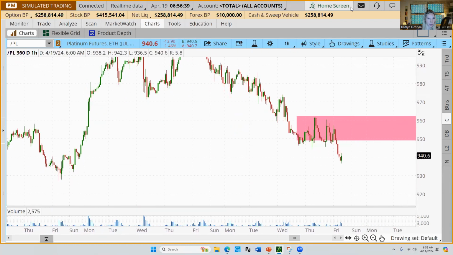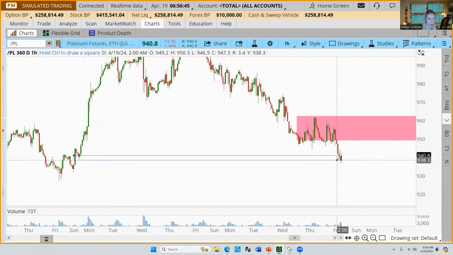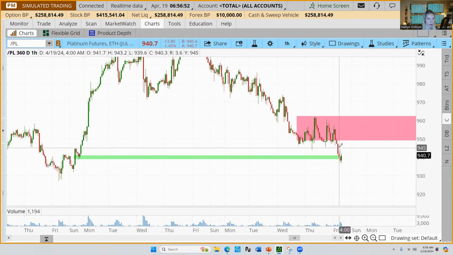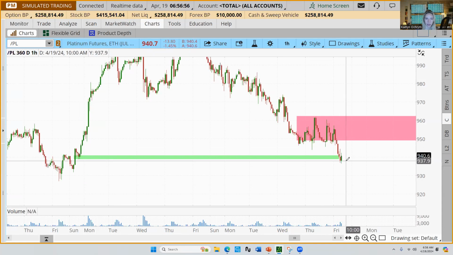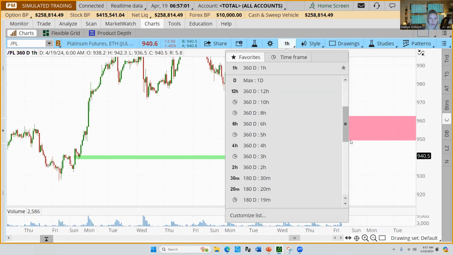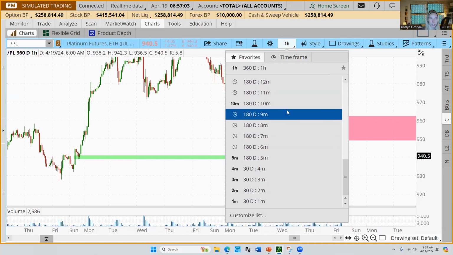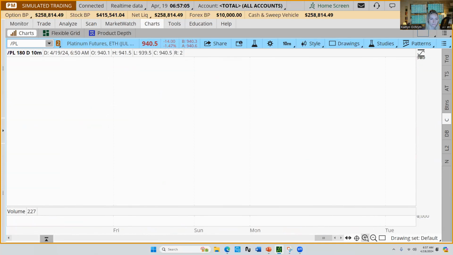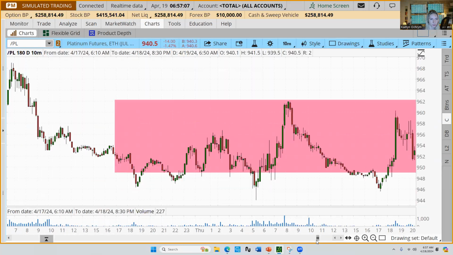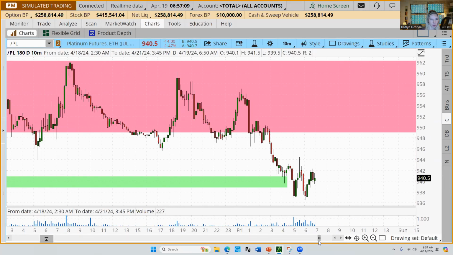I got to come back a little ways. See, we've got a little bit of support over here. If I extend that to the right, looks like we did bounce off that and then break through. So we may have the fake out breakout. Could be forming the two candle flip. Let's see if we can get a little bit more detail. What time frame are you on, Patrick? See the 10-minute.